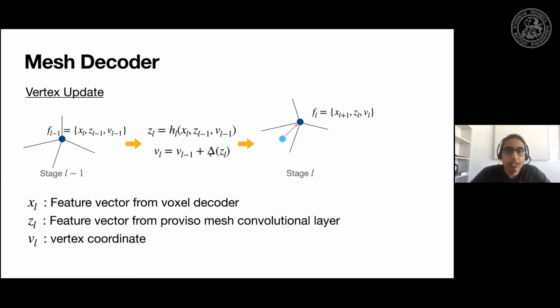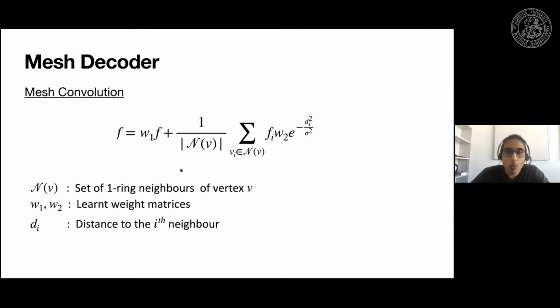Once we have this, I talked about graph convolution. What is the graph convolution, or as I call it here, the mesh convolution that we use? There is plenty of room to improve here. We use the basic one.